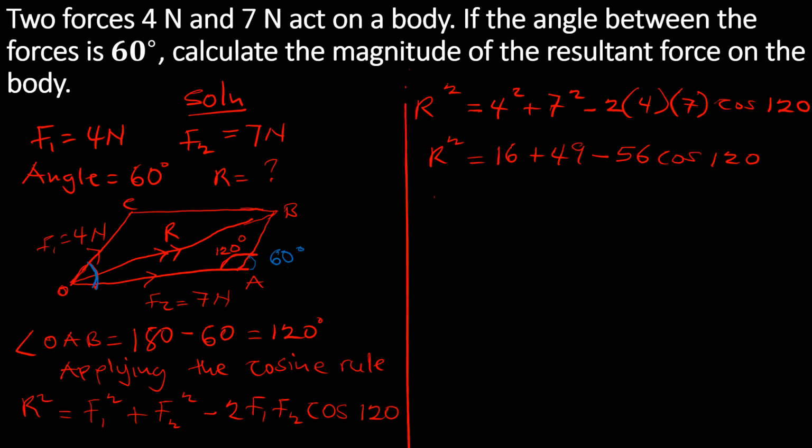So R squared is equal to 16 plus 49, which gives us 65, minus, let's use the calculator. 56 cos 120 will give us minus 28. So minus 28.